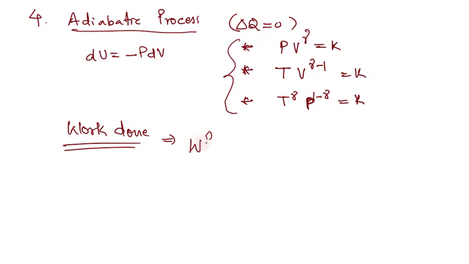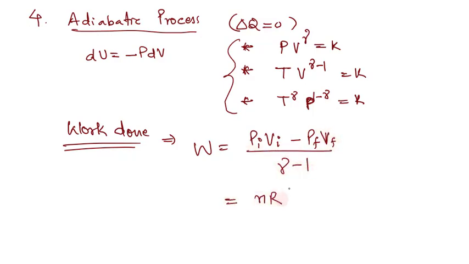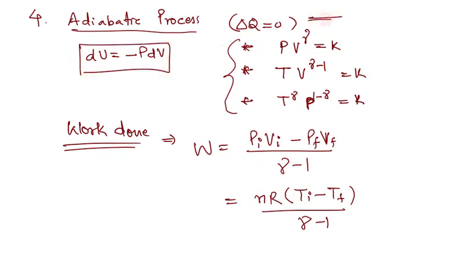So work done in this process is nothing but initial pressure times initial volume minus final pressure times final volume, divided by a factor gamma minus 1. You can also write it in terms of the ideal gas equation: nR times T initial minus T final divided by gamma minus 1. PV is equal to nRT, I have just used that equation. So this is the work done in the adiabatic condition, where the heat exchange is 0.